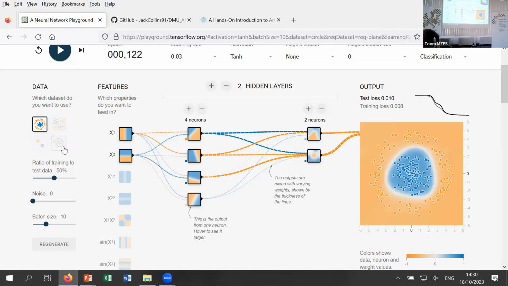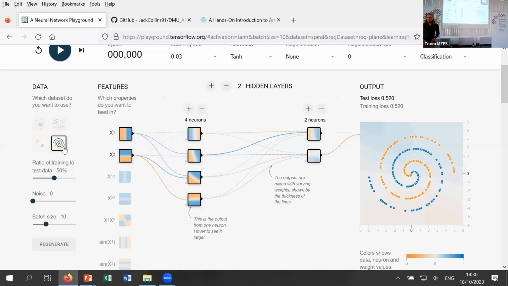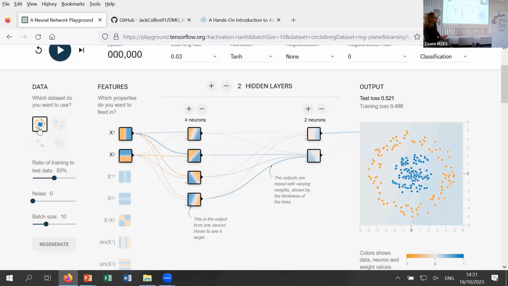But what if we gave it a more complicated problem? What's more complicated about this problem is that there are way more feature interactions, right? Previously, we just had to say, if the vertical axis falls between this range and the horizontal axis falls between this range, make it blue, otherwise make it orange, okay?